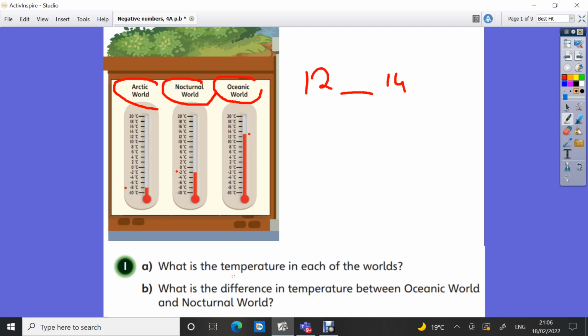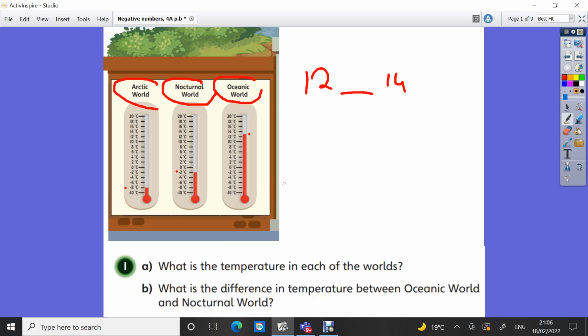Just think about it. Now, in question number 1B, it says, what is the difference in temperature between oceanic world and the nocturnal world? So we have to see oceanic world, which is 13, and nocturnal world, this is -2.